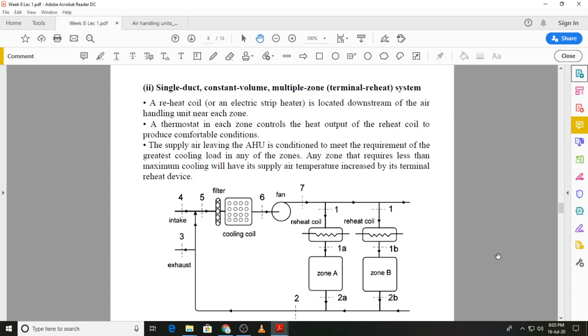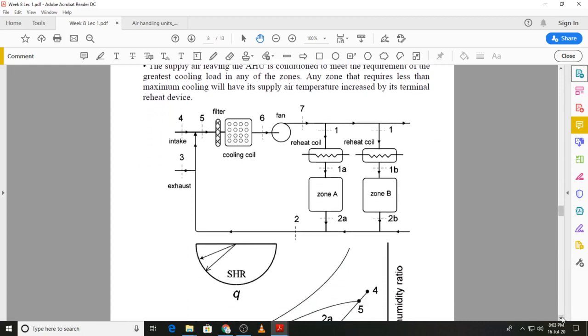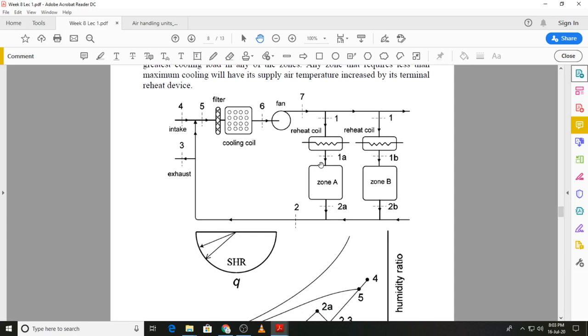There can be more than two zones, and this type of arrangement is known as a terminal reheat system, in which we can see that before each of the zones there is what is known as a reheat coil, and the purpose of the reheat coil is to provide energy to the air which comes from the cooling coil.